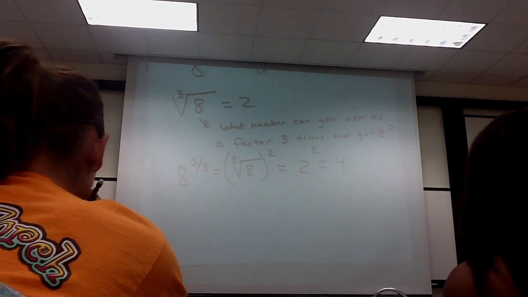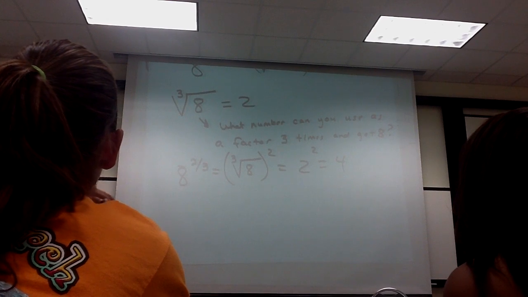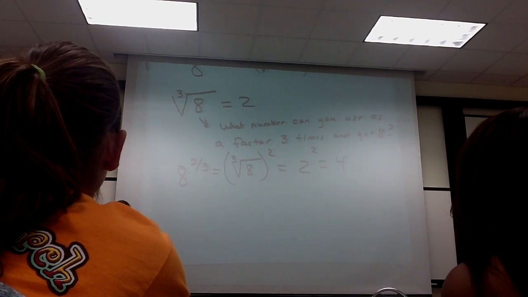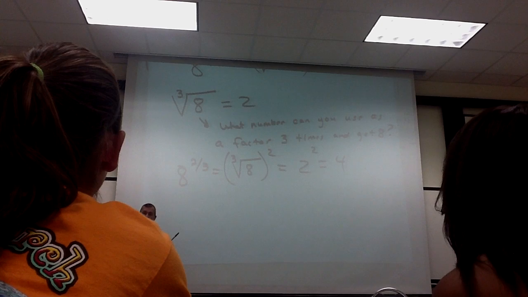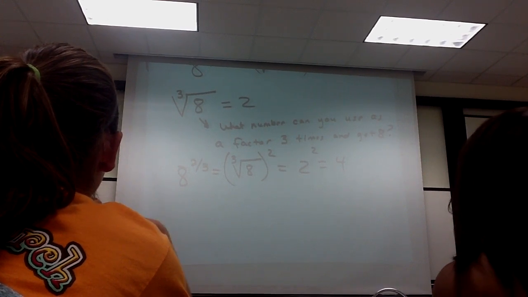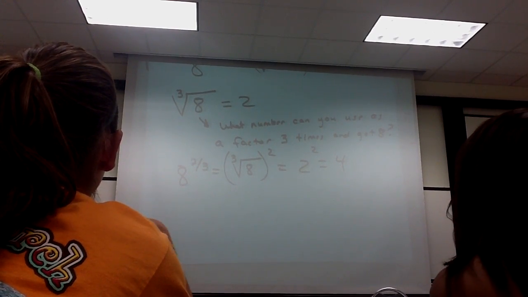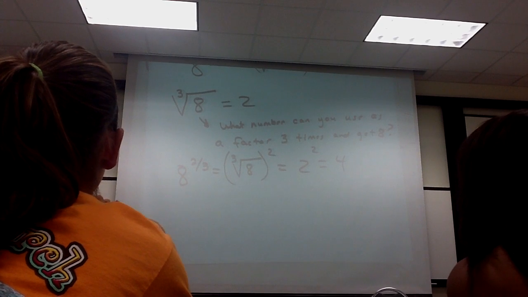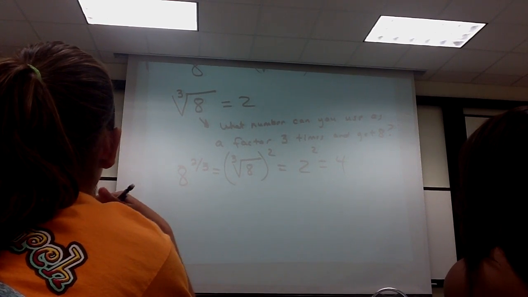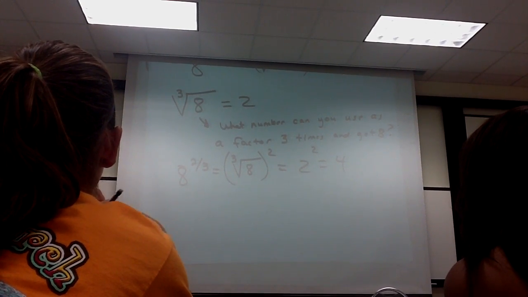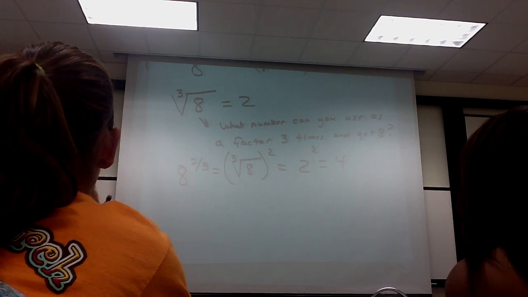Oh, by the way, you can do this with your calculator also, right? Everybody try to do 8 to the 2/3. Now when you do the 2/3 part, you might need to put it in parentheses, like open parentheses, 2 divide 3, close parentheses, then hit your equal.